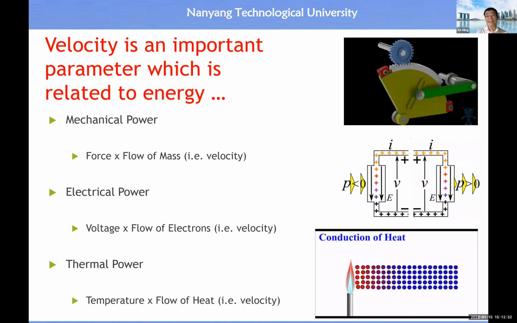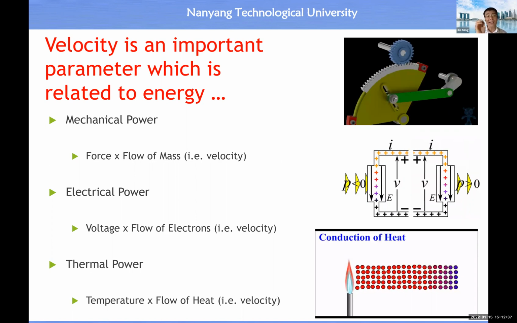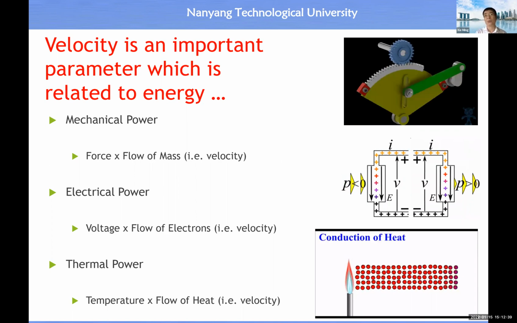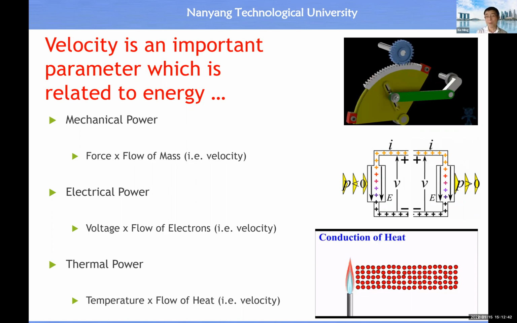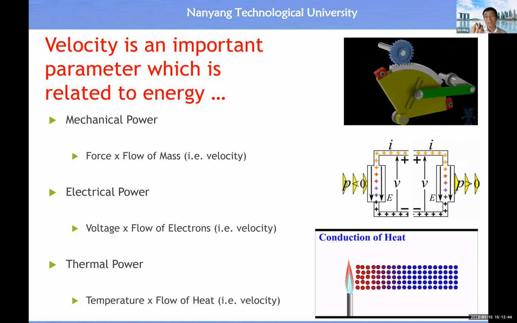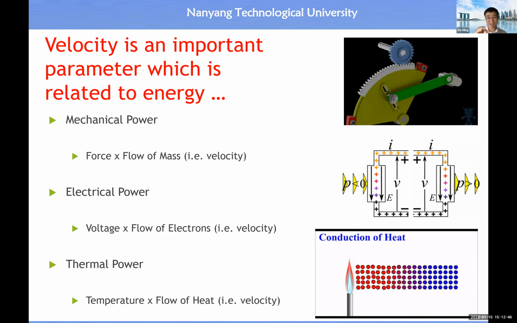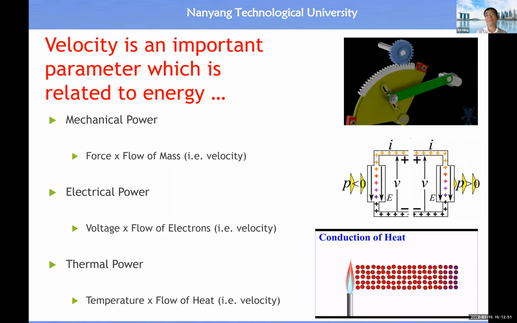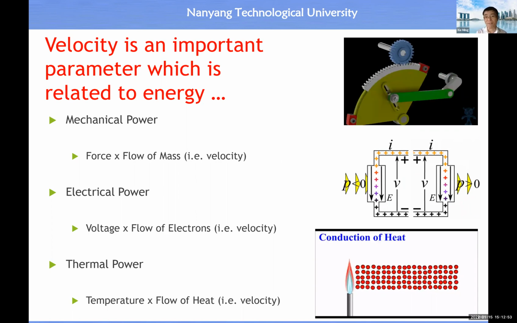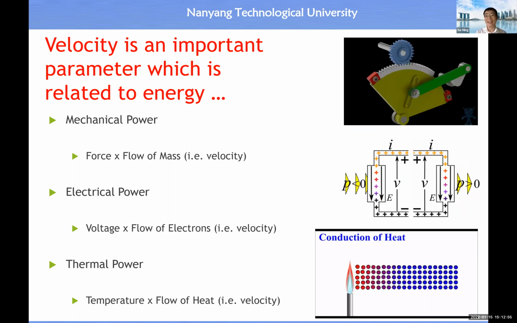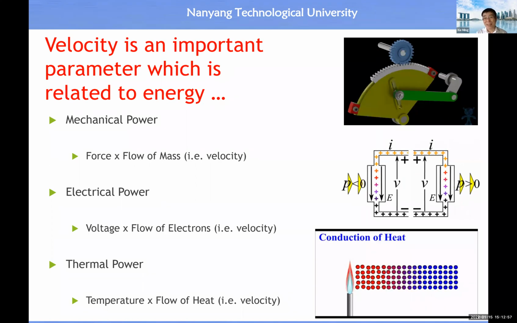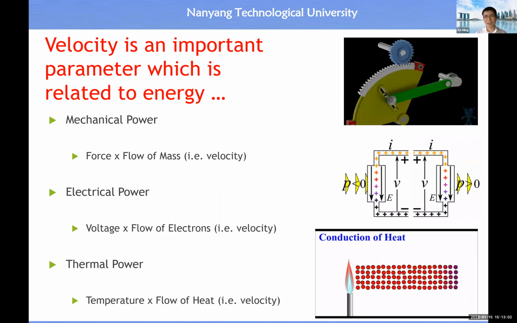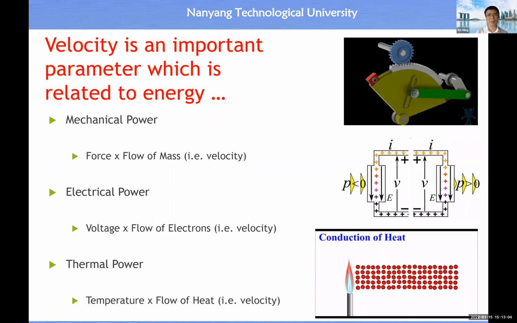Then you will see that force times velocity equals mechanical power, voltage times current equals electric power, and temperature times flow rate of heat equals thermal power. Then you see we have a flow of mass, flow of electrons, flow of heat. These are the manifestations of velocity. So you see velocity is a very important physical quantity, right?